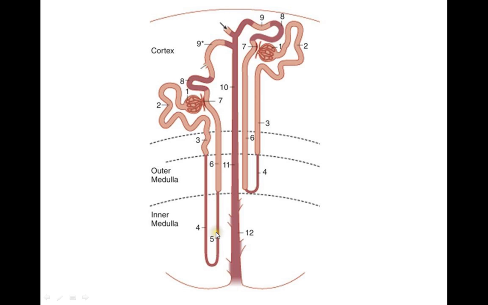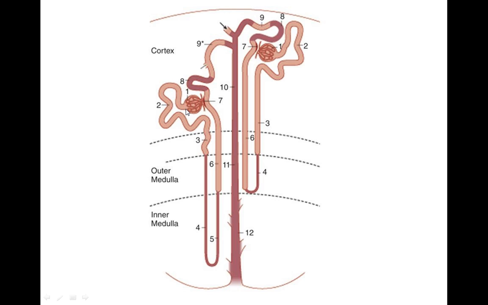So this is the first difference between this nephron and this one. Can you tell other differences? Yes, the location of the glomerulus. Please compare the locations of the glomerulus here and here.